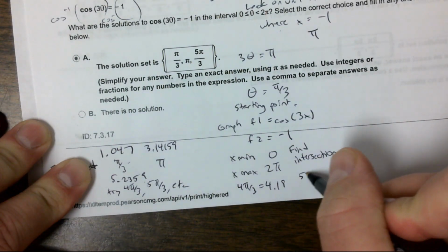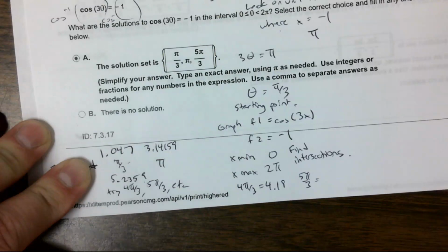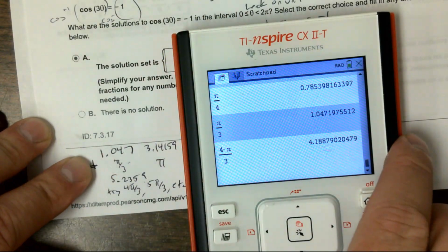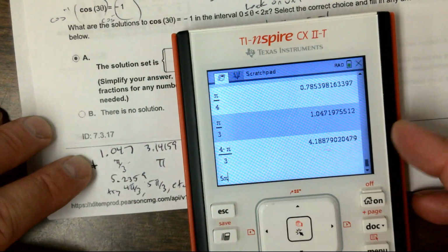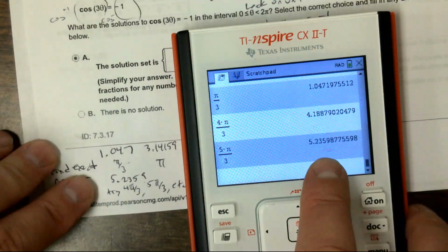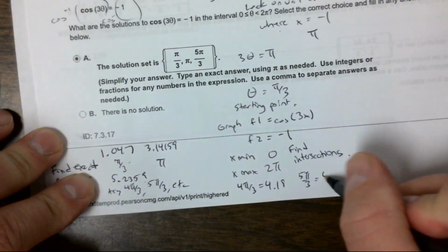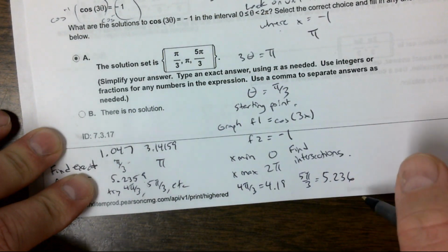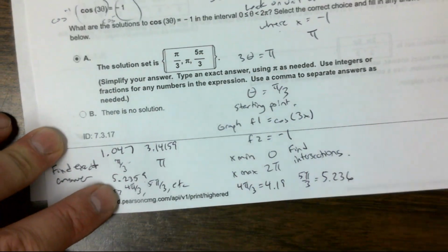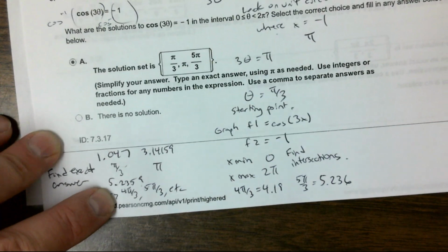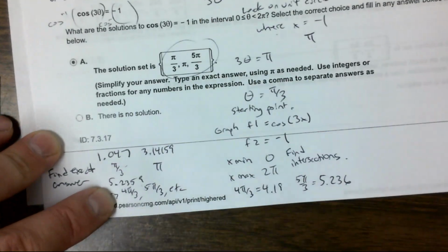And 5 pi thirds would be 5.236. And that's what we want. So there's how you get all three answers.